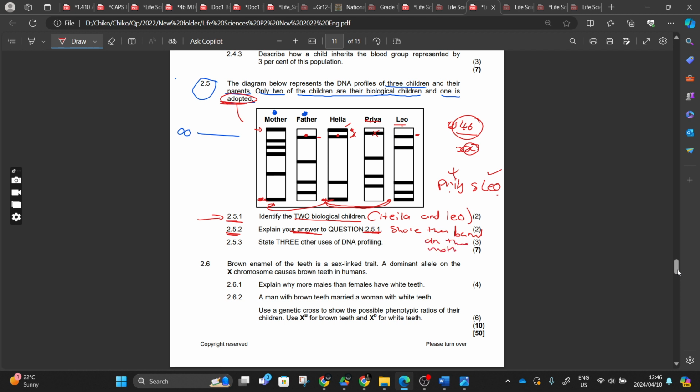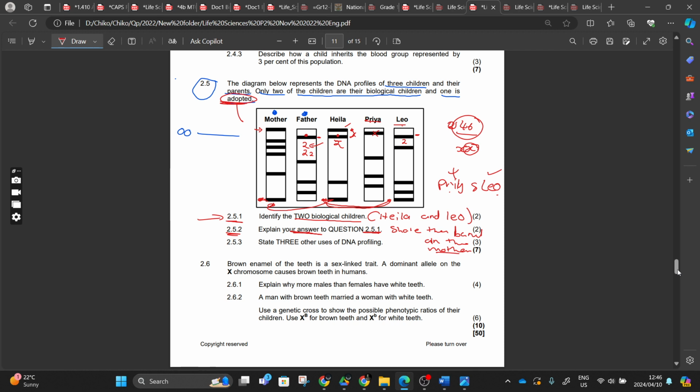Since there are many ways to kill a cat, you can also say in Hela, there's band number 2. It's also traceable from the father, band number 2. And in Leo, also band number 2, we can also trace it back to the father, band number 2. You are killing a cat in many ways.